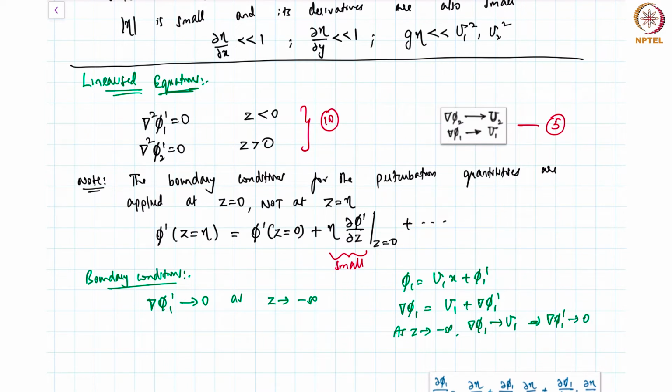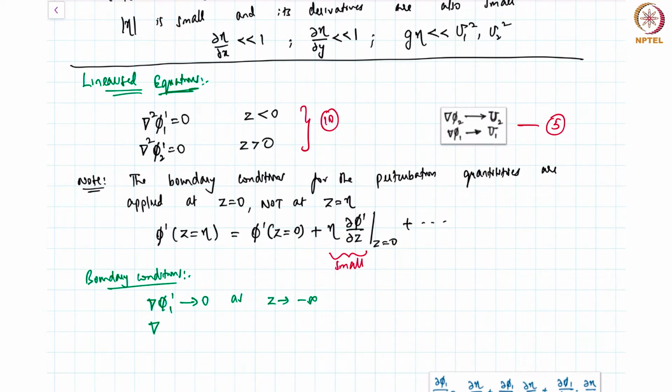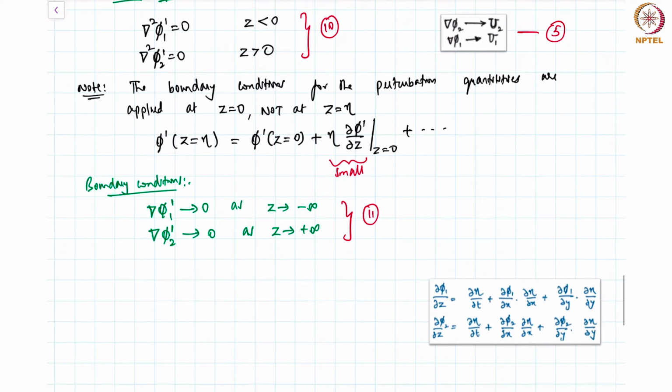That's basically the boundary condition that we are writing down. I'll erase this part. So the first boundary condition is del phi 1 prime goes to 0 as z goes to minus infinity. Similarly, we have a similar boundary condition for the upper fluid as z goes to plus infinity, right? This we label it as 11. And finally, we have to write down the kinematic condition.